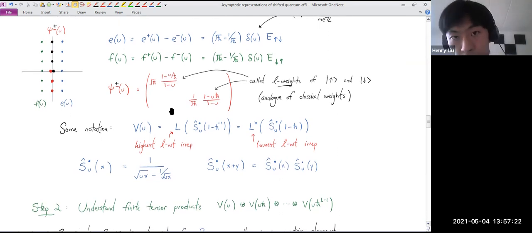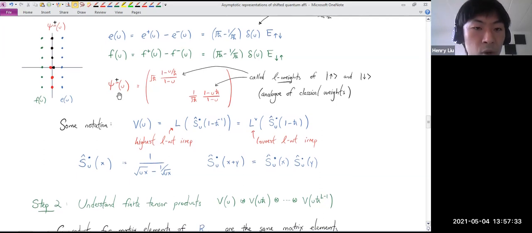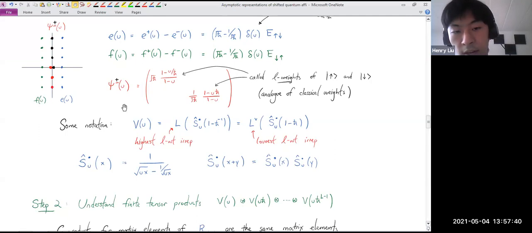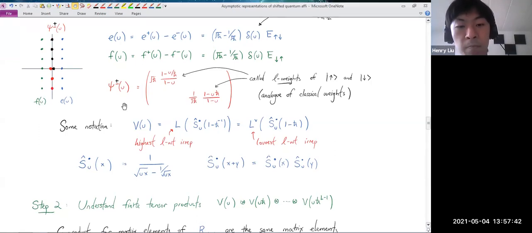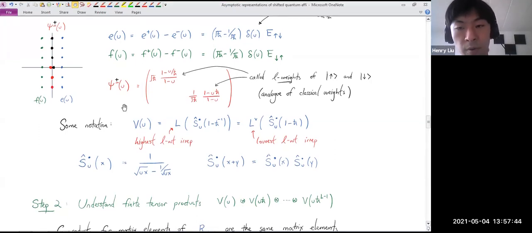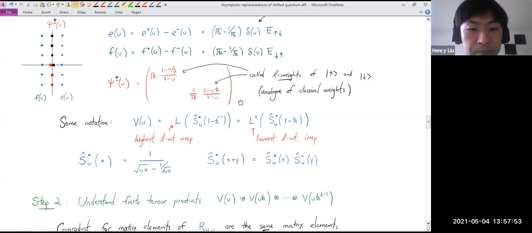And once you have a theory of weights, you have a theory of highest loop weight representations and lowest loop weight representations. In the case of our two-dimensional V of u, you can either view it as the highest weight irreducible corresponding to up arrow, or as the lowest weight irreducible corresponding to the other vector.